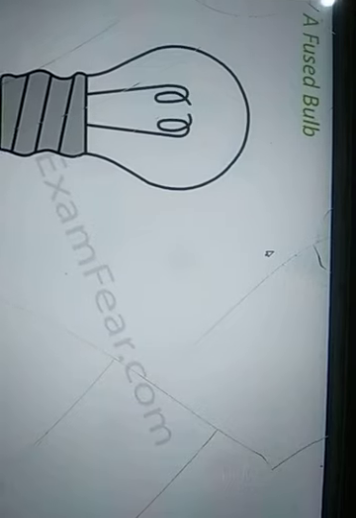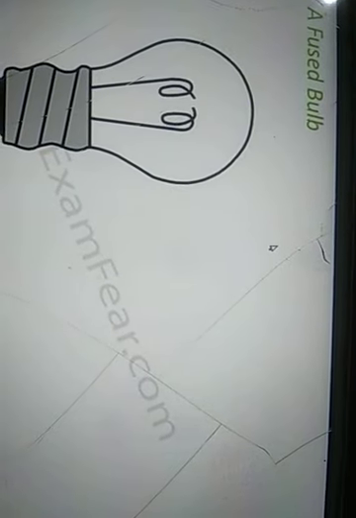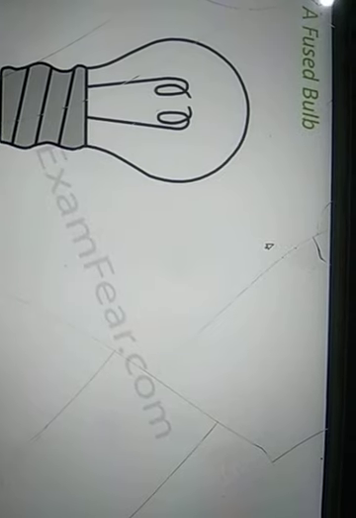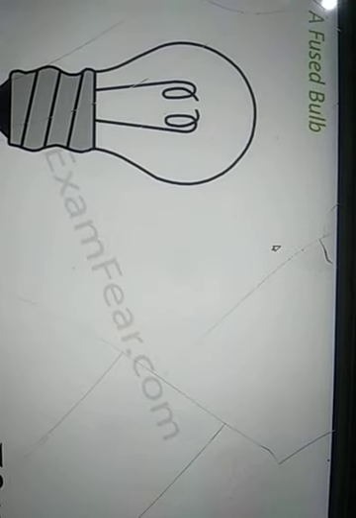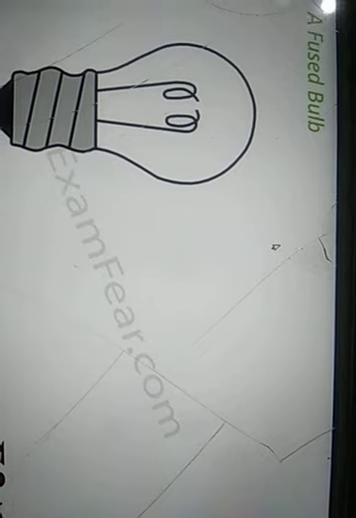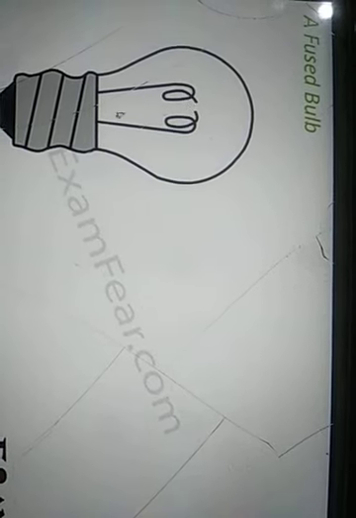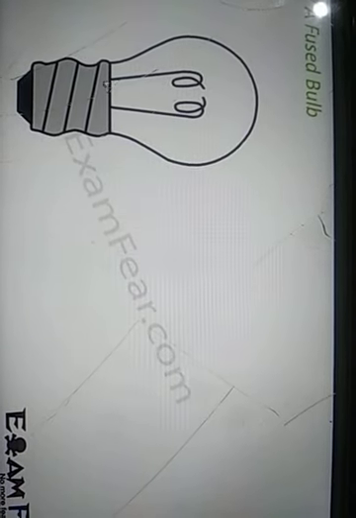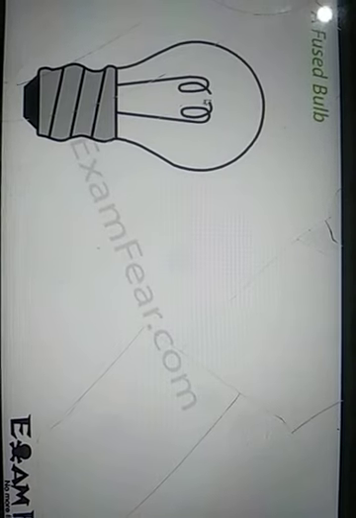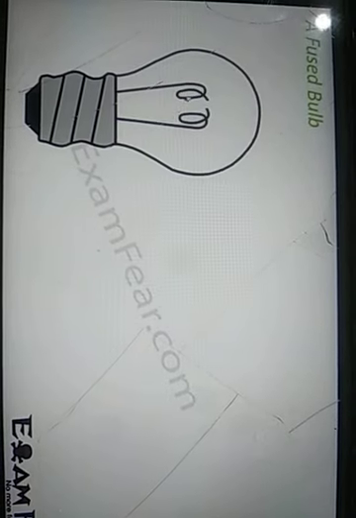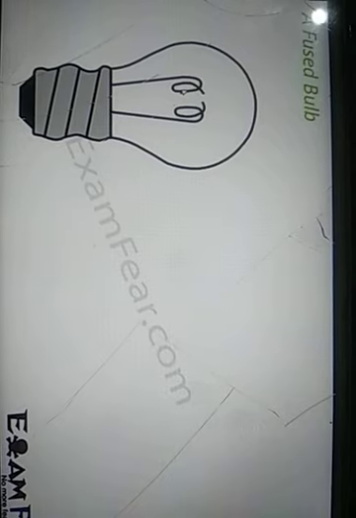Now what happens in the case of a fused bulb? I am sure you can see the picture and understand what it is. This filament breaks. Due to the broken filament, even though the circuit is complete and the current is flowing through the circuit, when the current has to flow through the filament of the bulb, the path is not complete, and therefore the current is not able to flow, and as a result the bulb doesn't glow.